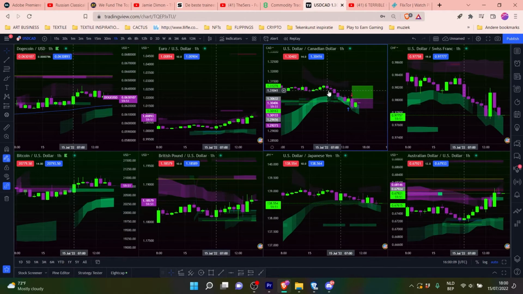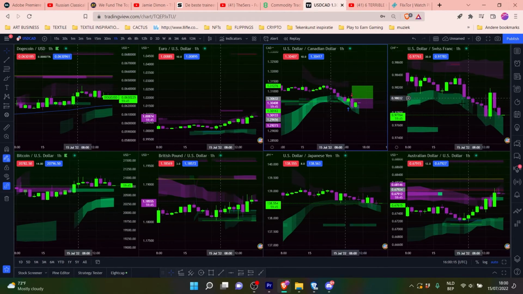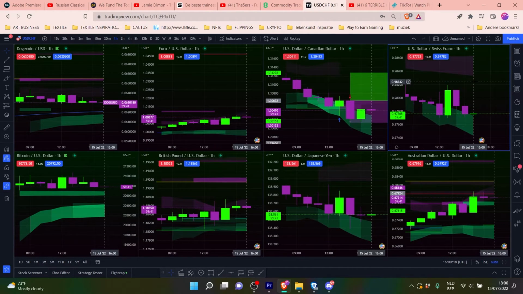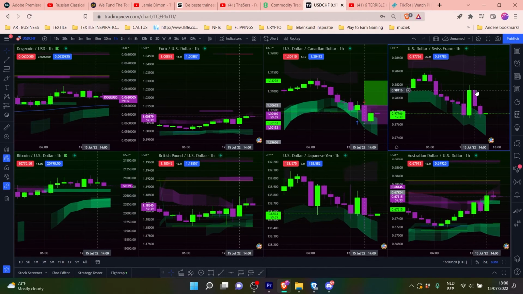So it is hard if you have a capital below $1,000 trading on a fully regulated exchange like 8cap, because most of the pairs just don't allow for such low amount of money trades.